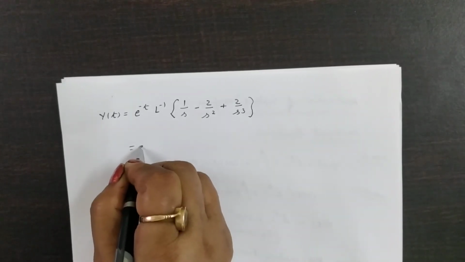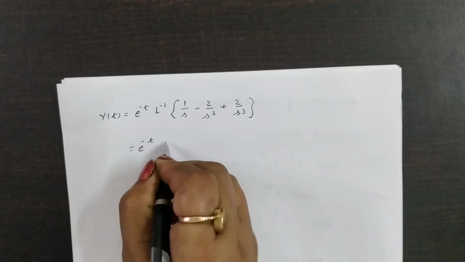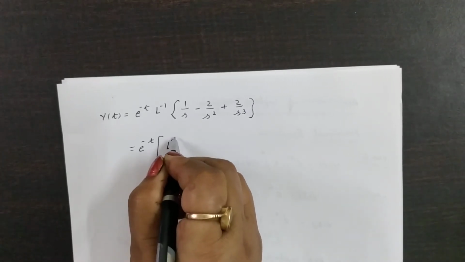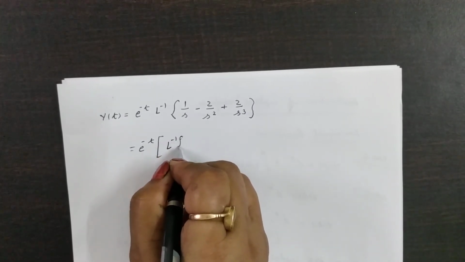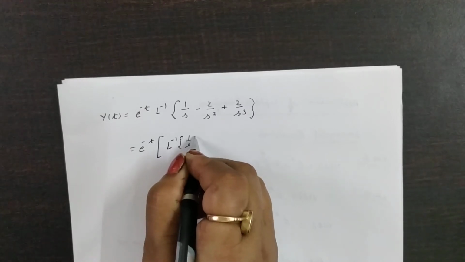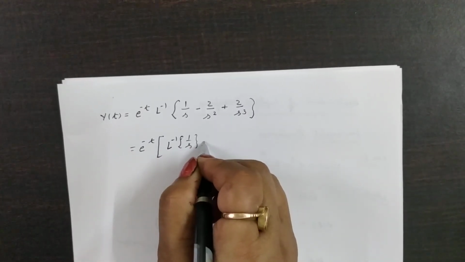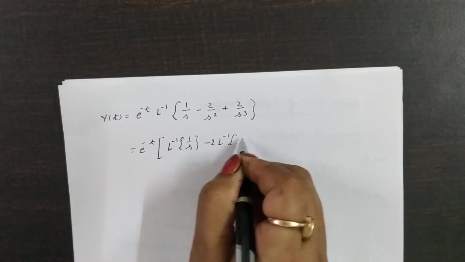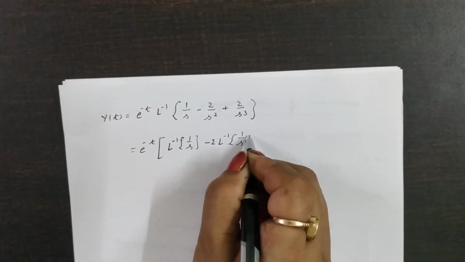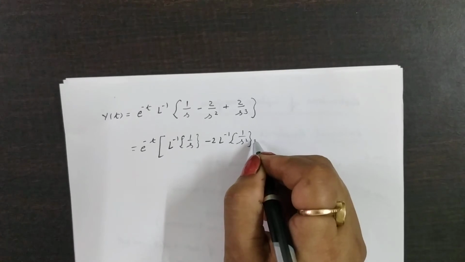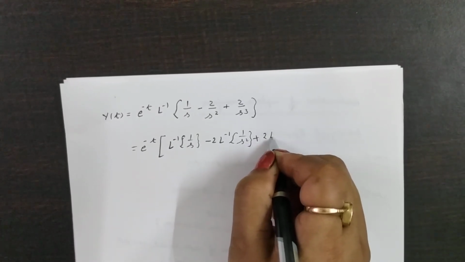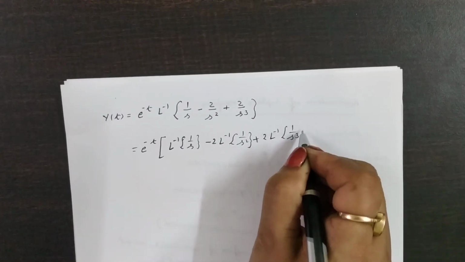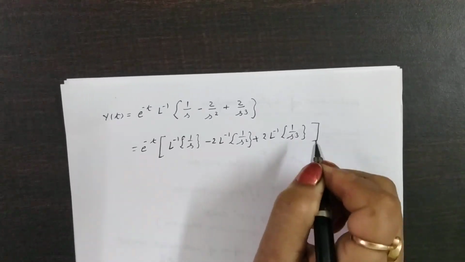This can be done as e^(-t) times [the Laplace inverse of 1/s, minus 2 times the Laplace inverse of 1/s², plus 2 times the Laplace inverse of 1/s³].